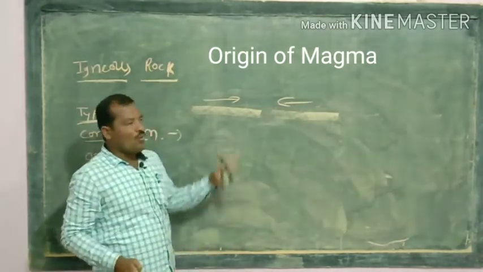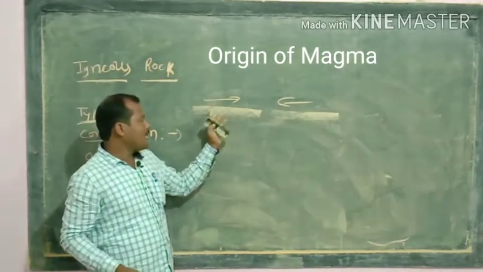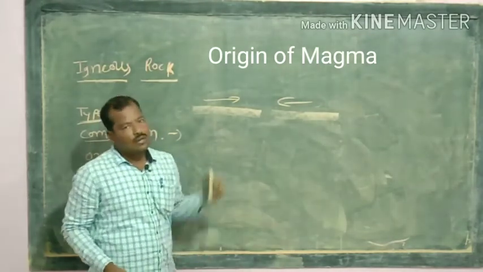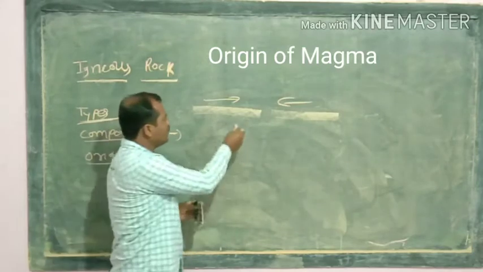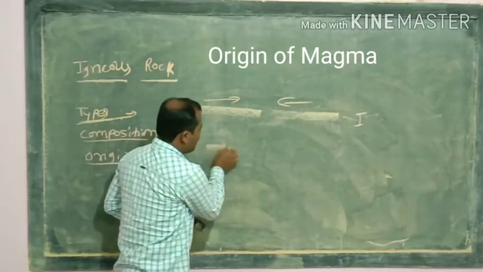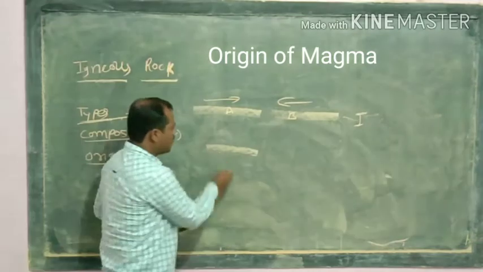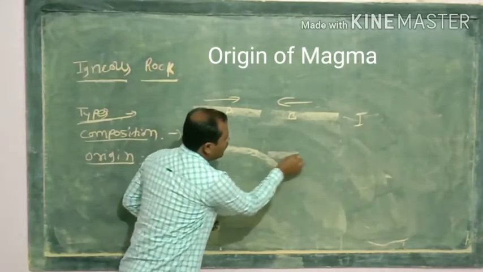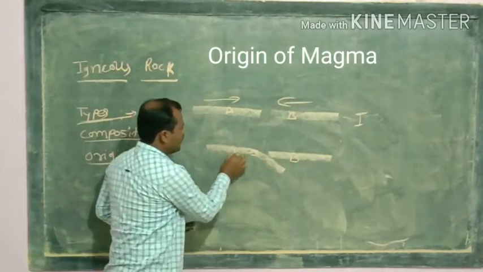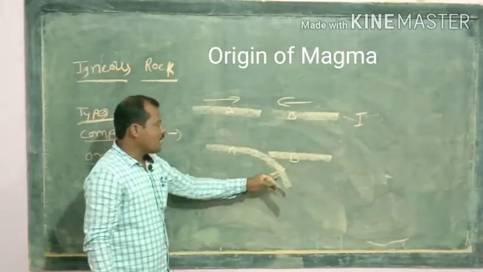At that time one plate goes down below the earth surface. The plate having more density goes down below the other plate. Look at this. This is the first step. In the next step, plate A has the higher density, so plate A goes down below plate B. This is plate B while this is plate A. This plate goes down into the asthenosphere.